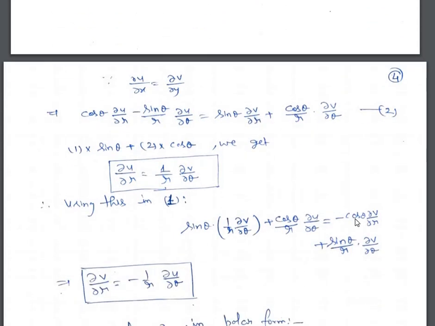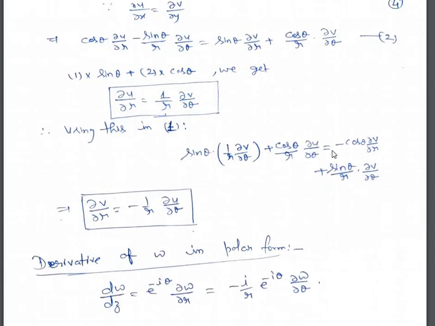Now you can see from here these two terms will get cancelled. Cos theta will also get cancelled. So we are left with del v upon del r is equal to minus 1 upon r del u upon del theta. So these two equations are Cauchy-Riemann equations in the polar form.